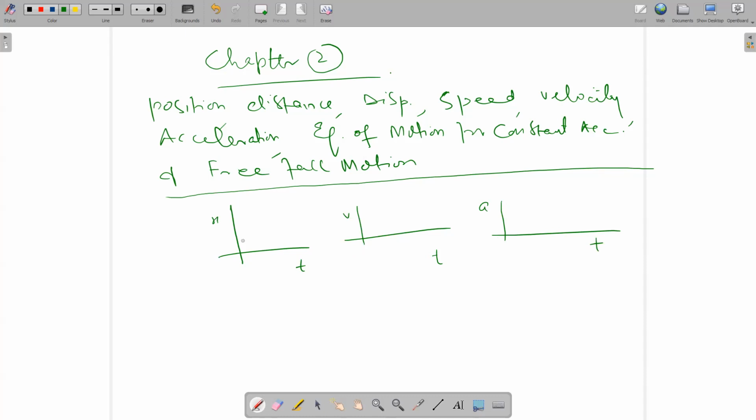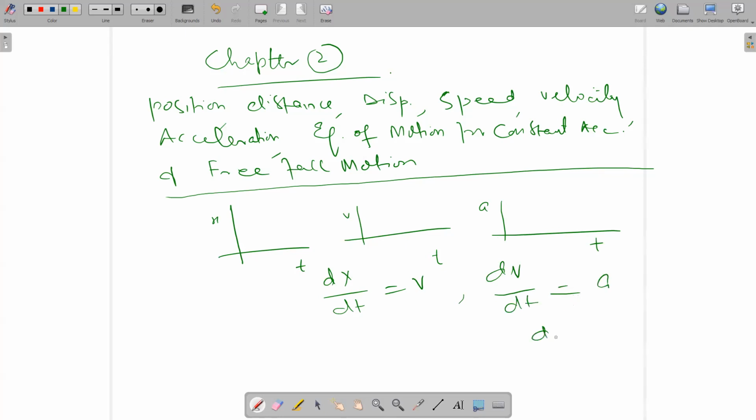So remember, if you take the first derivative of displacement, then it is called velocity. dx over dt is equal to v. And dv over dt is equal to a.